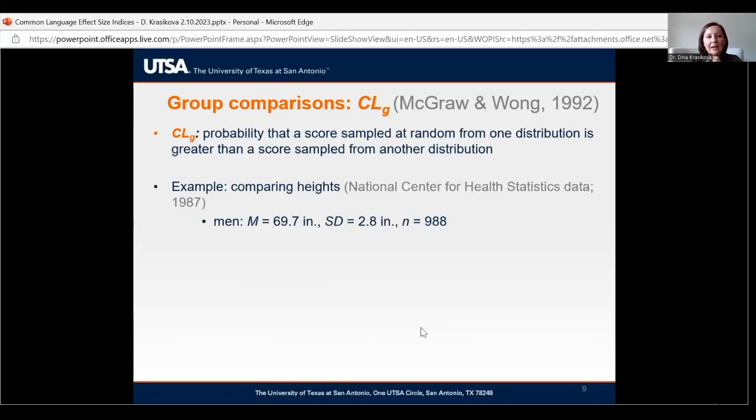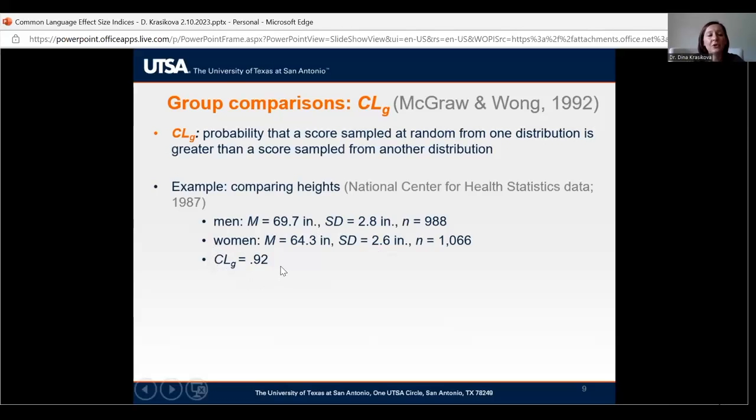They compared the heights of men and women, with a sample of 988 men and 1,066 women. Average height for men in that sample is 69.7 inches with a standard deviation of 2.8 inches. For women, it's 64.3 inches with a standard deviation of 2.6 inches.